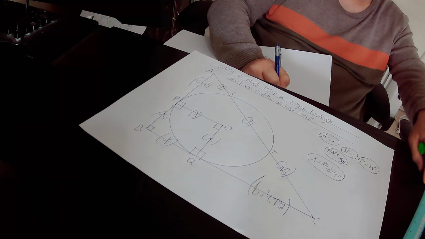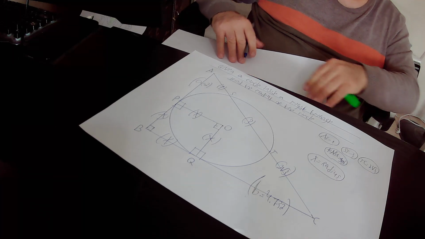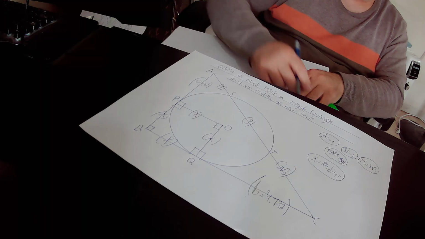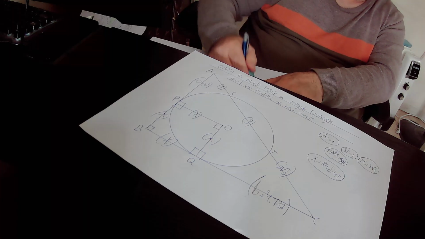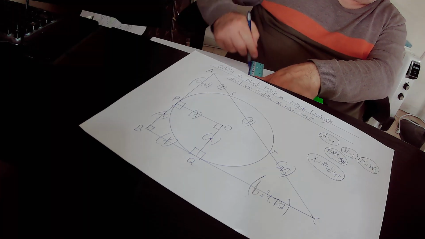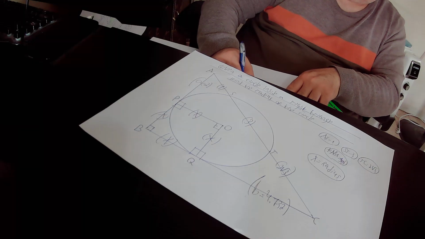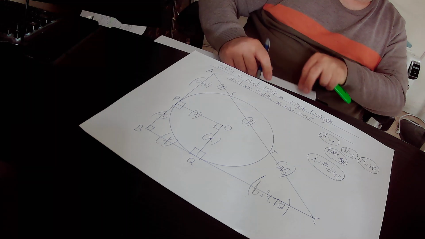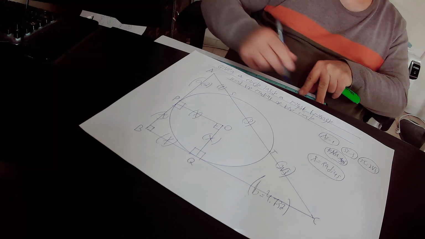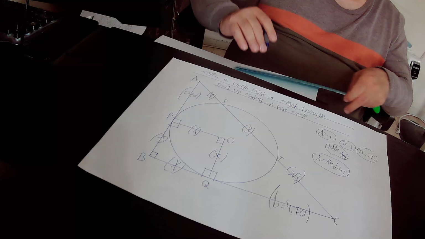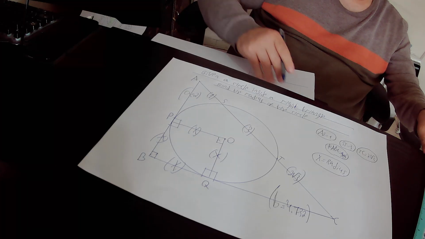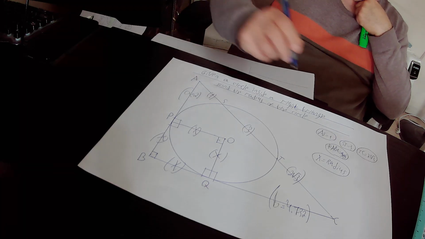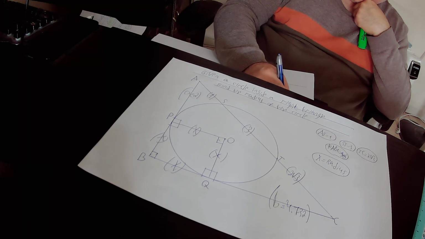According to the Pythagoras theorem, in any right triangle, the square of the hypotenuse equals the sum of the squares of the perpendiculars. The hypotenuse in this right triangle ABC is AC, therefore the square of the hypotenuse is AC squared, and AC squared must be equal to AB squared plus BC squared.